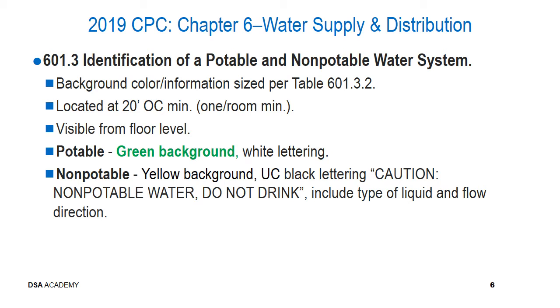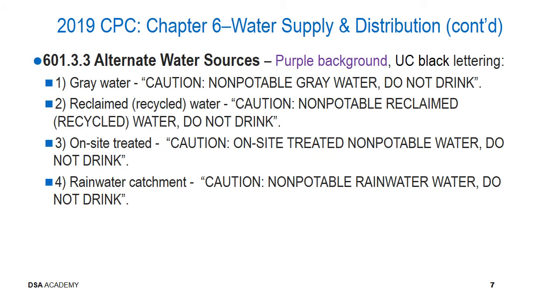And it's got to include the type of liquid and the flow direction on the label. Alternate water systems are also required, obviously, to be labeled. Alternate water systems are also considered non-potable water, but because of their alternate nature, they are distinguished with a purple background and black uppercase lettering.